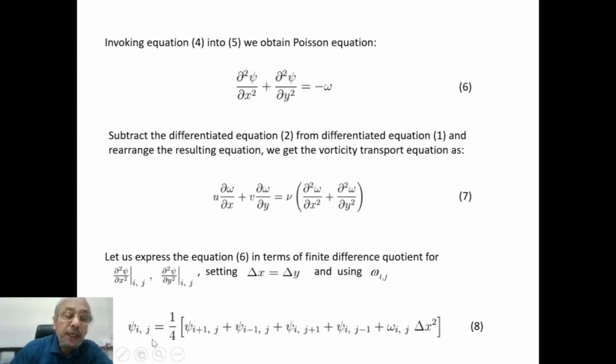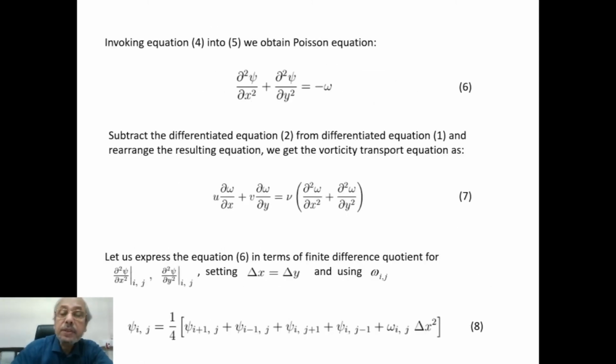So now we write psi i j, we transfer all the terms on the right hand side, and this is psi i plus 1 j plus psi i minus 1 j plus psi i j plus 1 plus psi i j minus 1 plus omega i j into delta x square, whole quantity divided by 4. Because we have taken del x equal to del y, it becomes very easy to find out this expression, which is, as I said, comprising of psi and omega, divided by 4. And this is equation 8.